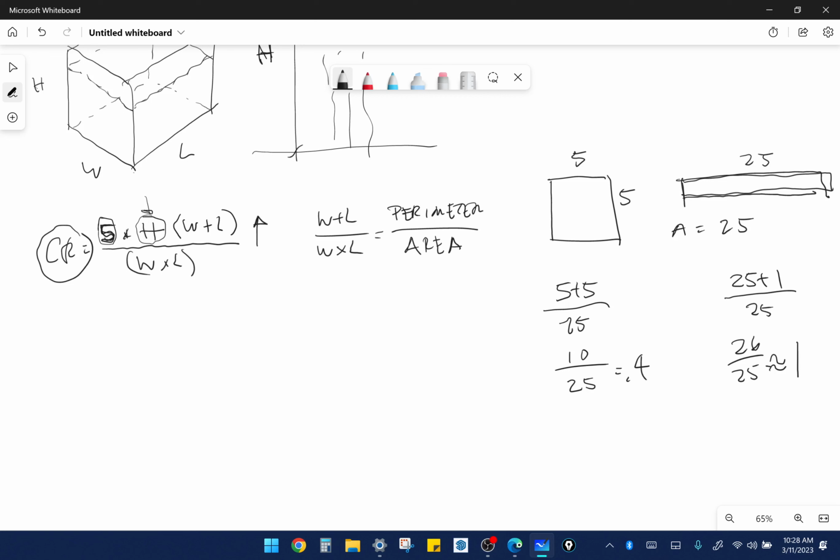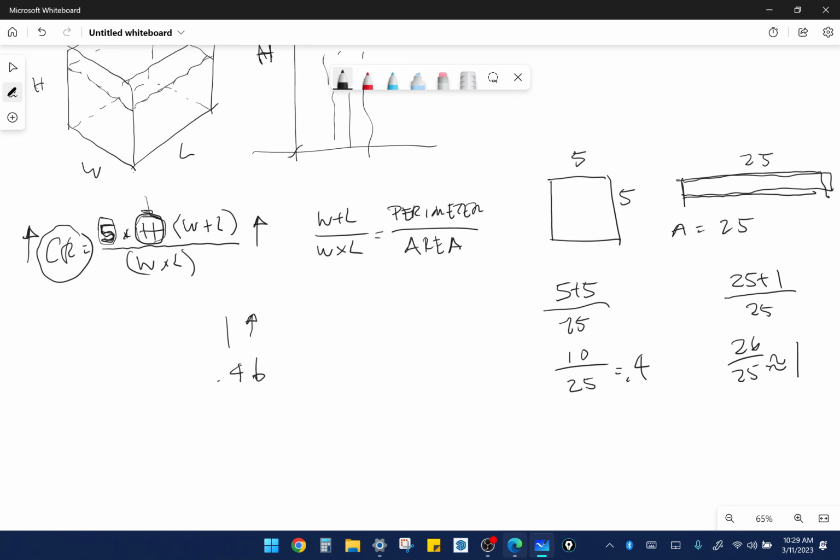Because if this is 1, it's going to be more, and if it's 0.4, it's going to be less. And if the height goes up, the cavity ratio is going to go up. So it seems like a larger cavity ratio means less light on the surface.